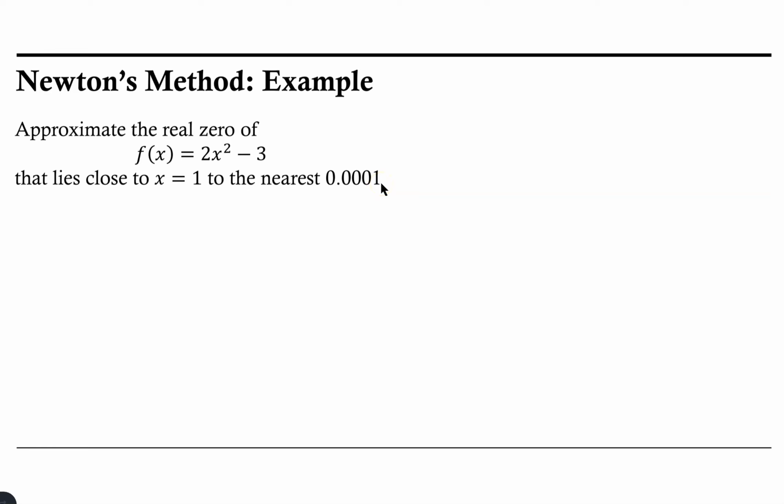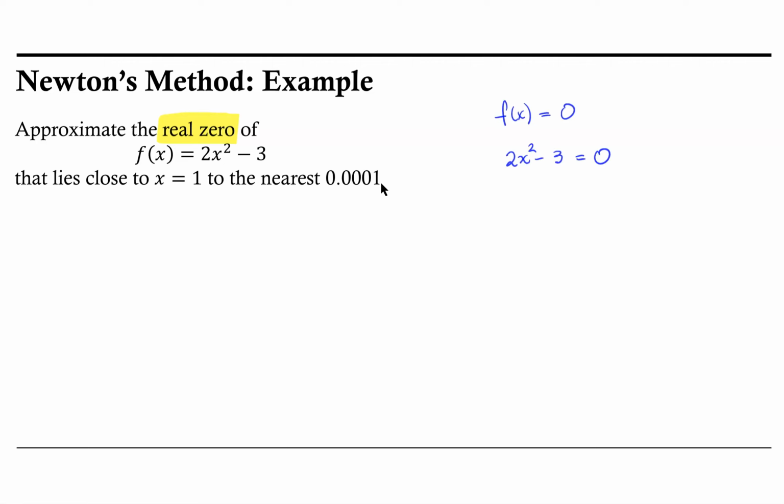Recall that we only apply Newton's method in the instance where we have some kind of function equal to 0. And notice that conveniently we're asked for the real zeros of this function. So in this particular case, we are looking for where 2x squared minus 3 equals 0.